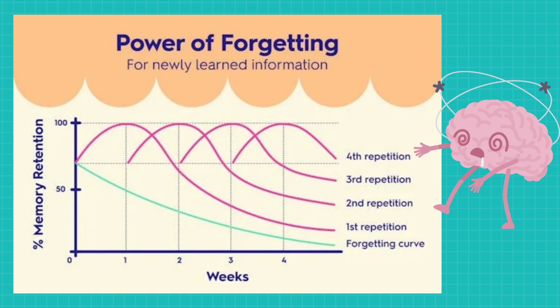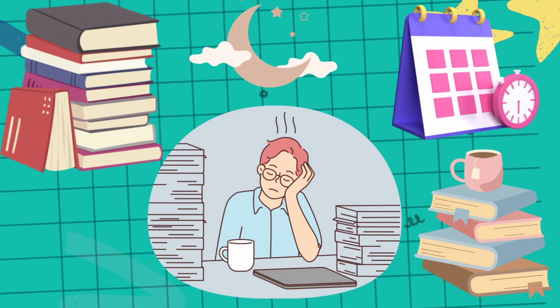It may take a first repetition, second repetition, third repetition, fourth repetition to understand and remember it forever. We all have a huge syllabus to cover and with studies we can't compromise on it. Forgetting things is the human tendency, but to remember, I have got you some techniques.